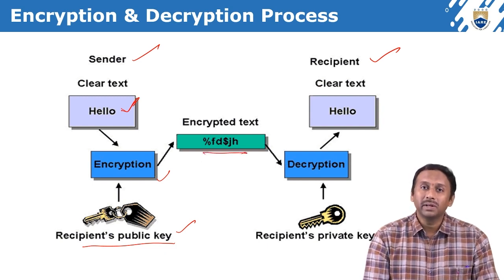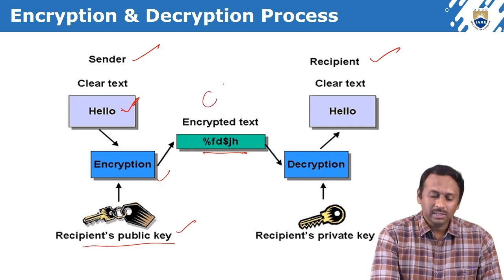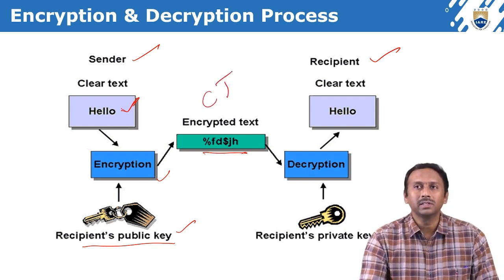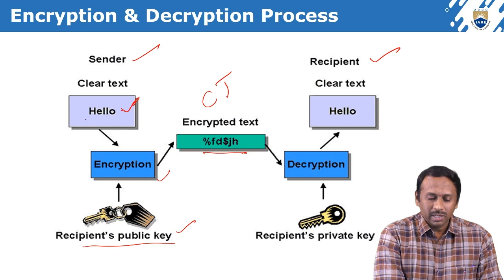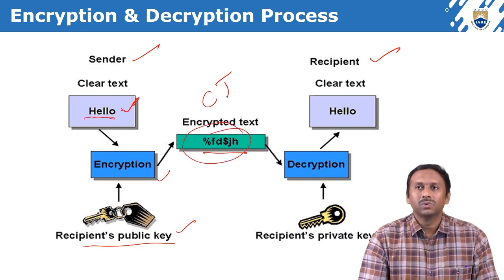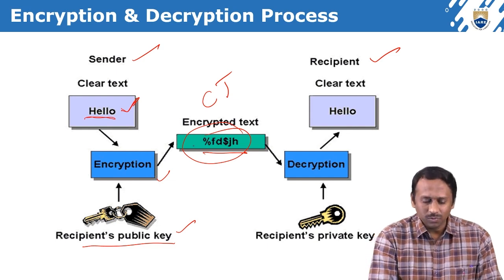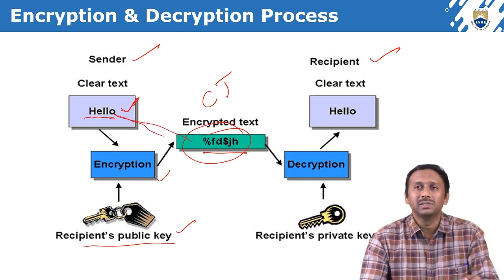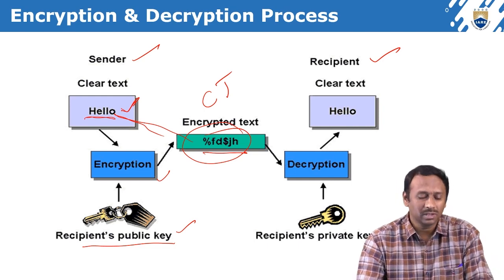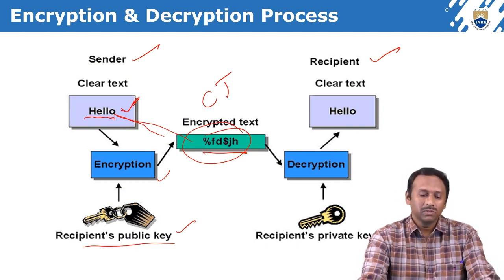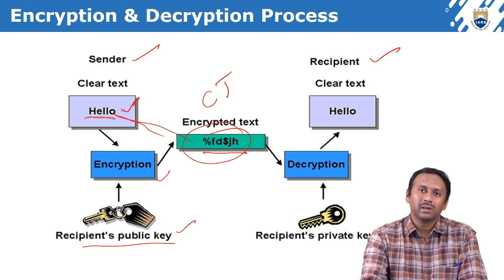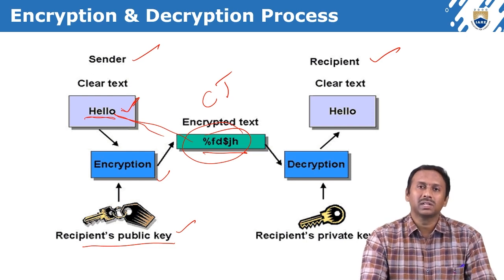This encrypted text we can also call ciphertext, right? Here, hello is the message. What does the ciphertext look like? Percentage FD dollar JH. There is not even one letter that matches these symbols. No character in this one word matches the encrypted text.